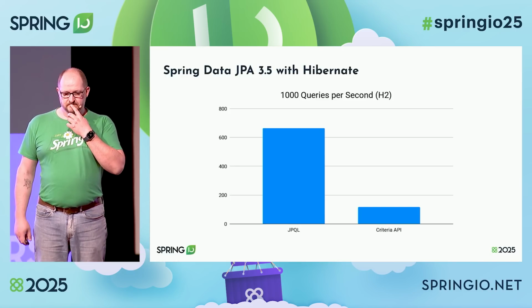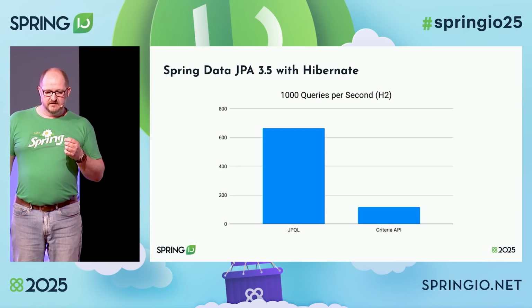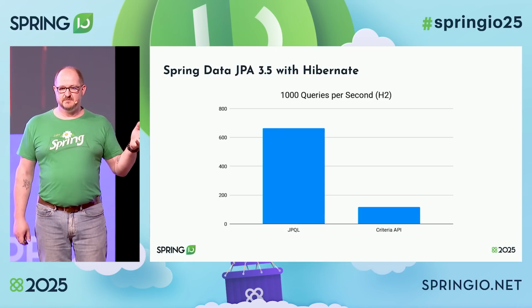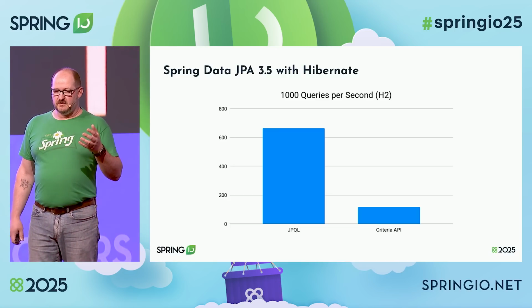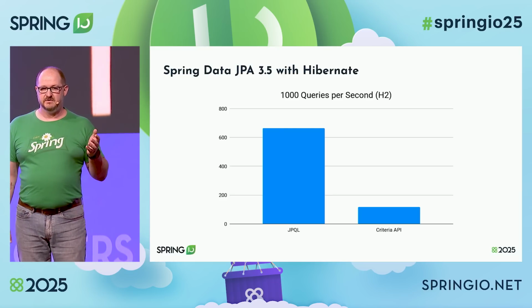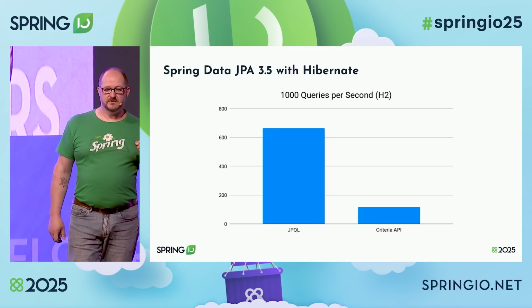Turns out that assumption doesn't really hold true. If you run a string-based query, you get basically 6 times the performance of a criteria query. This benchmark shows a performance of about 100,000 criteria queries per second, clearly on an in-memory arrangement with H2.